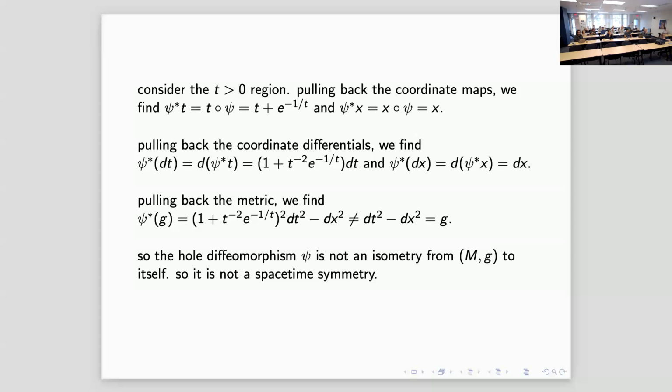And this is what we find. When we pull back the metric, we have this term here in front of the dt squared, which is not 1. It's just not 1. And nowhere is it 1 in the t greater than 0 range. So the metric is everywhere different. This pulled back metric is everywhere different from g. Right? So the hole diffeomorphism is not an isometry from M to itself, and so it's not a spacetime symmetry. Okay, therapy's over.